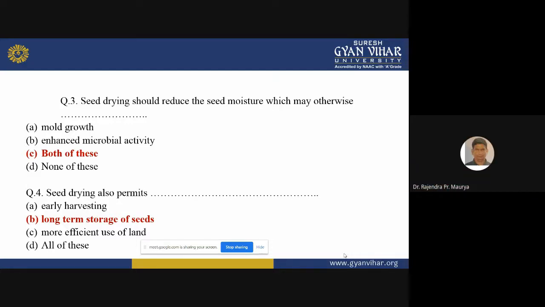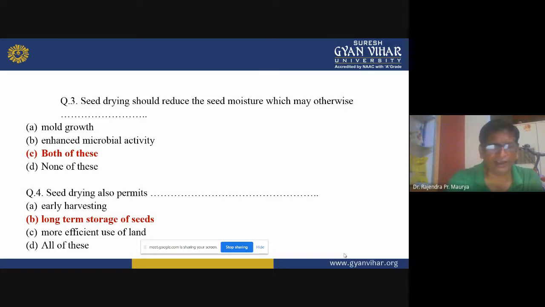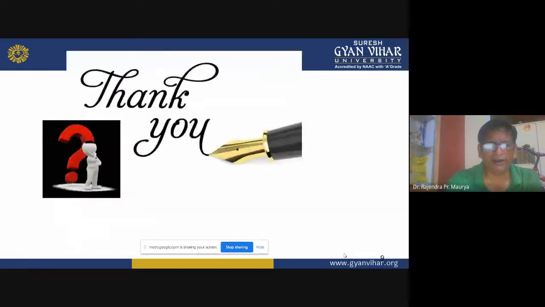The correct answer is option B, long-term storage of seeds. Because if seed is dried, then we can store it for a long time. If that seed contains moisture, then it can cause spoilage or decaying of seeds that will reduce the viability of seeds. Thank you.